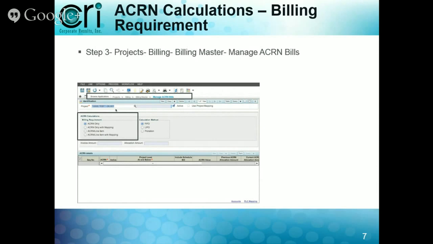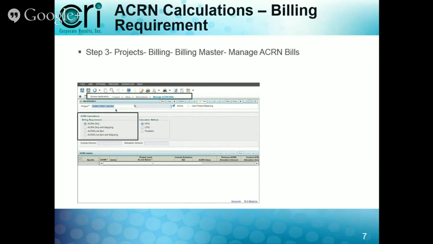The other part of the screen I wanted to point out is right next to the active flag. At the top of the screen there, we have project and active flag. There is a box called Use Project Mapping. Okay, if you utilize that, if you look at the table, you have a column called Project Level at and below. So this is really where I can get complex rules around the ACRN.